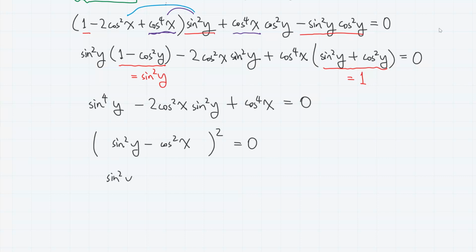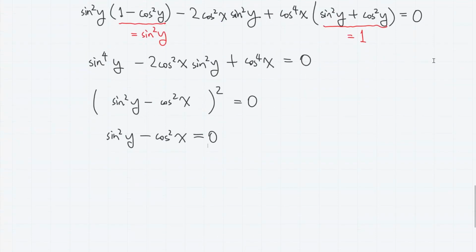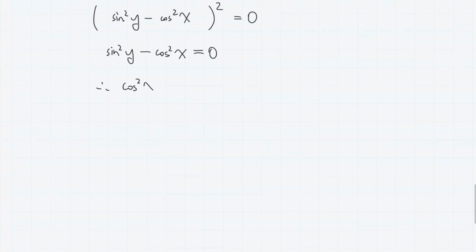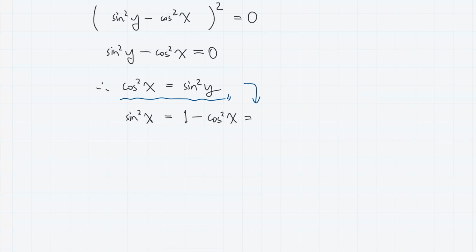So sine squared y minus cosine squared x equals 0. So cosine squared x equals sine squared y. Also, sine squared x equals 1 minus cosine squared x. And using this, it equals 1 minus sine squared y, which is cosine squared y.